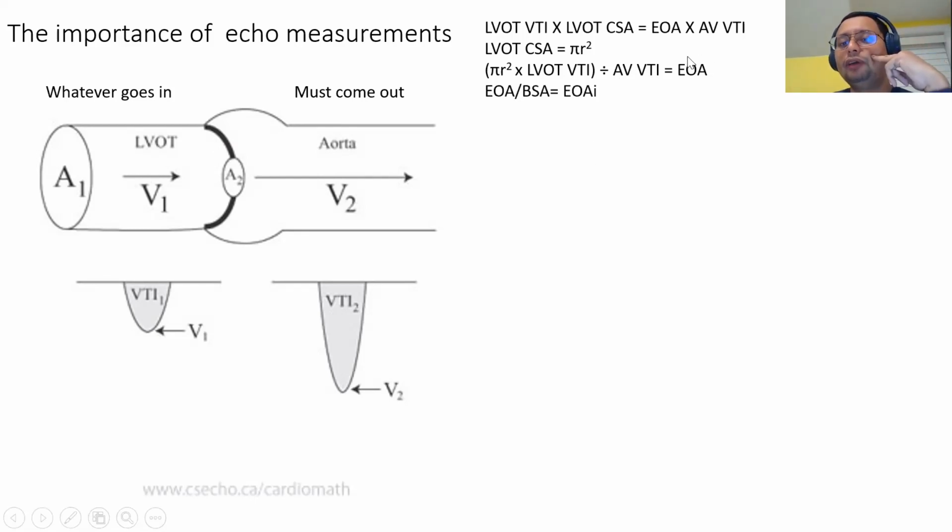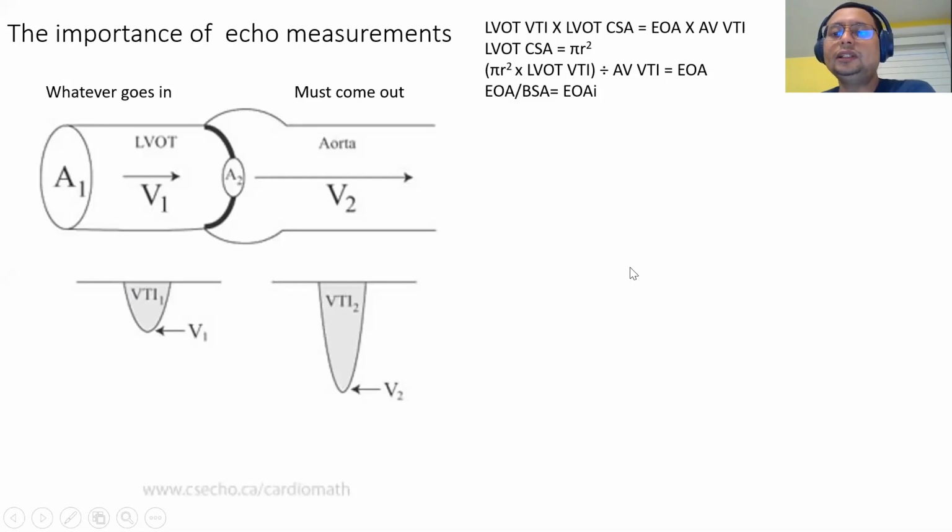Now, if you divide the effective orifice area by the patient's body surface area, you get the effective orifice area index. In native valve, this is very important. So in native valve, you need to look at this, even at the beginning of assessing the patient. This is different for assessing prosthetic valve.